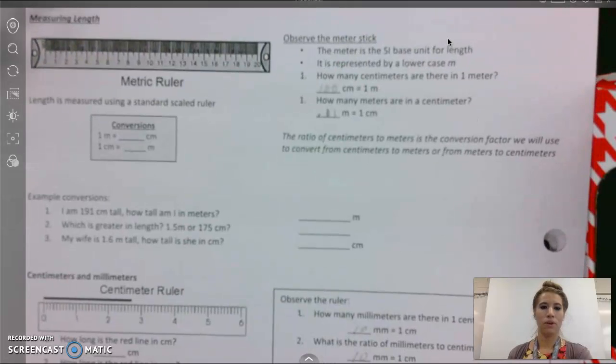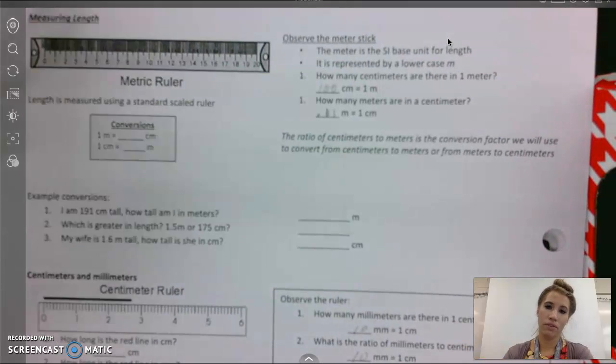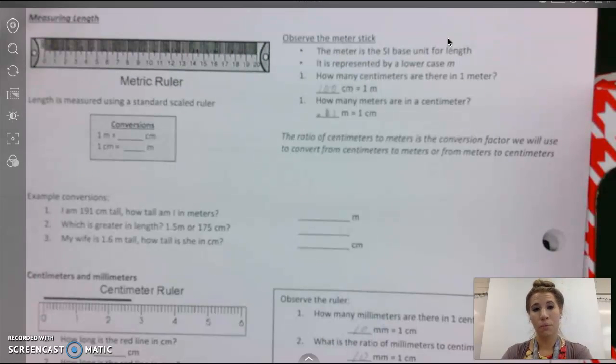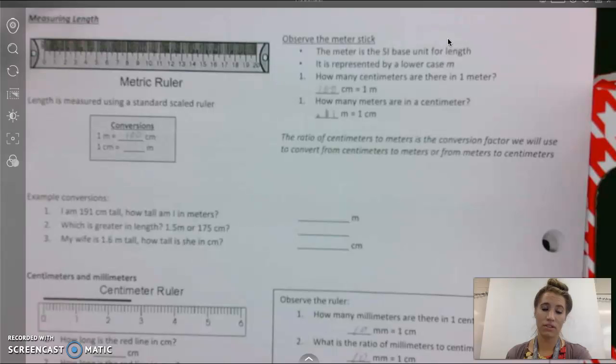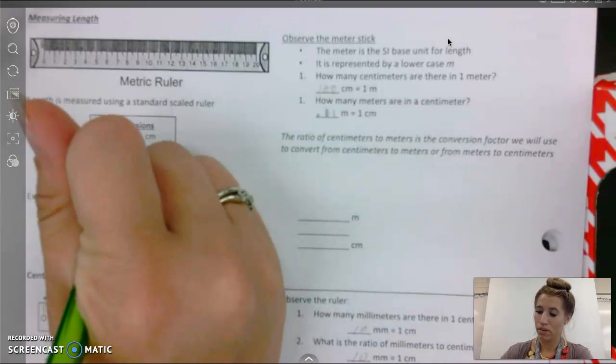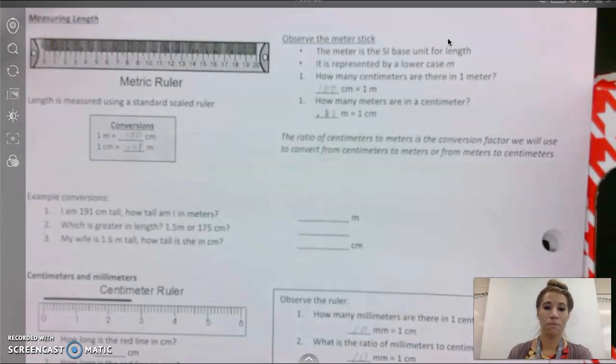Now, when we make our conversion factors with length, we need to start memorizing these prefixes and what they mean. The first one is 1 meter. You will need to have memorized that it contains 100 centimeters, and so 1 centimeter would be 1/100th of a meter, or 0.01 meters.